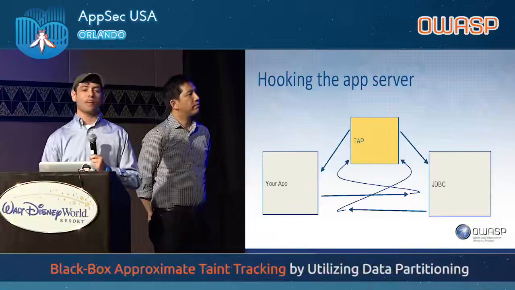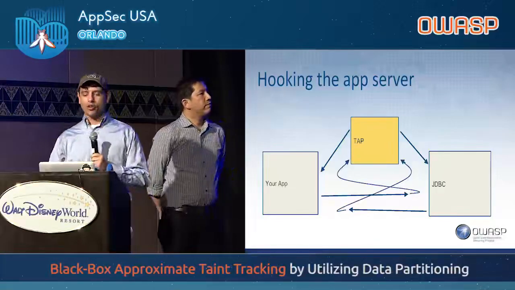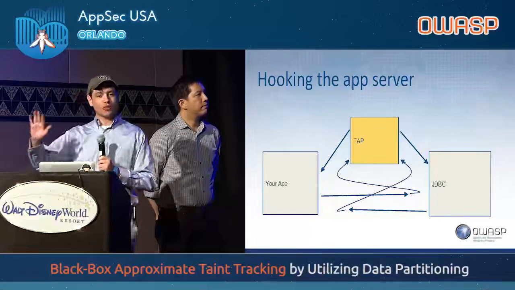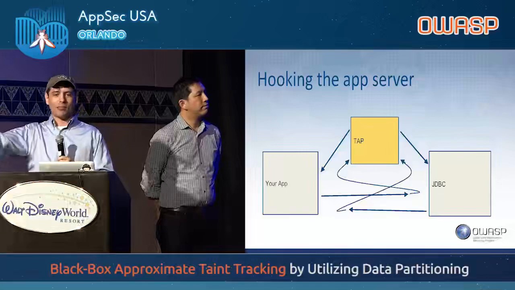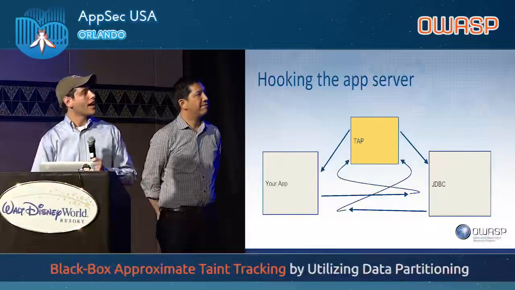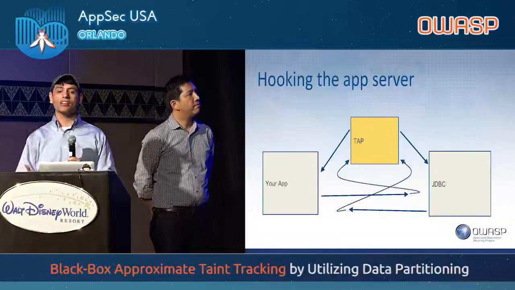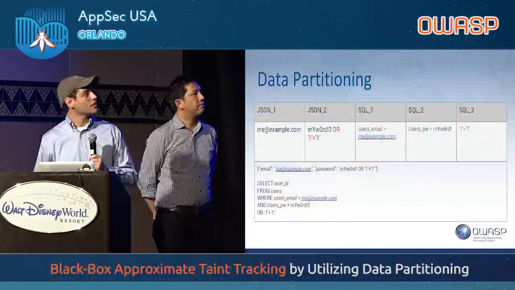And I can stick a tap and look at what's going out to your SQL database and say, okay, I have some application. Let's treat my application as a black box where I don't have to know all the details of the application, a mode I like to refer to as the ops guy, and see, can we tell whether your data is actually getting tainted?